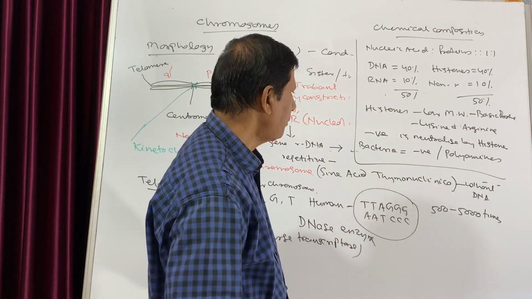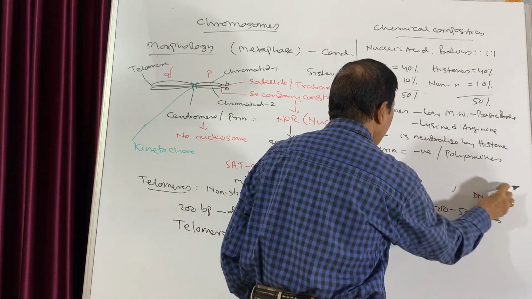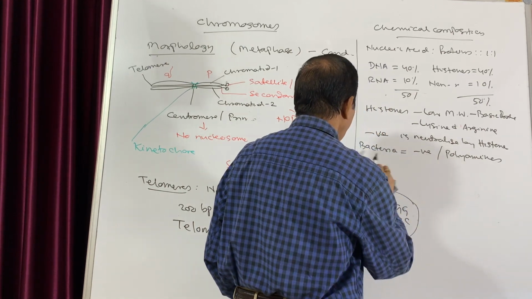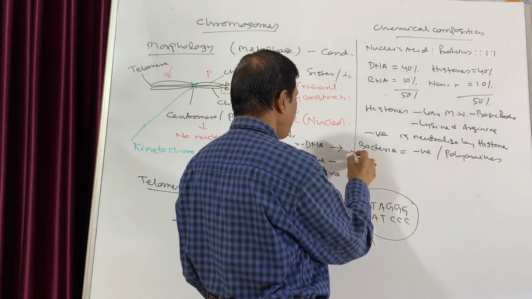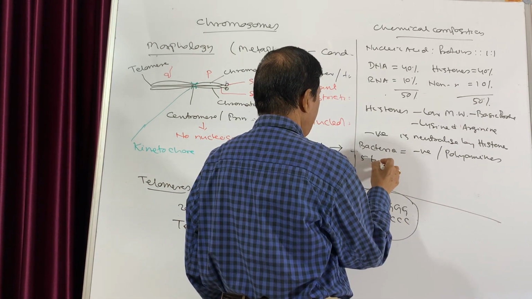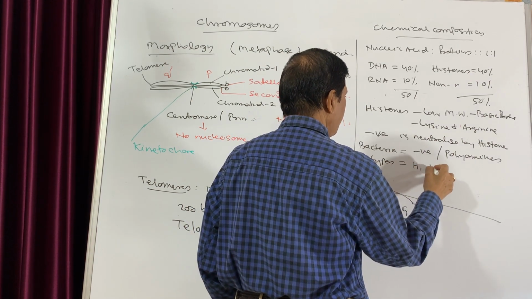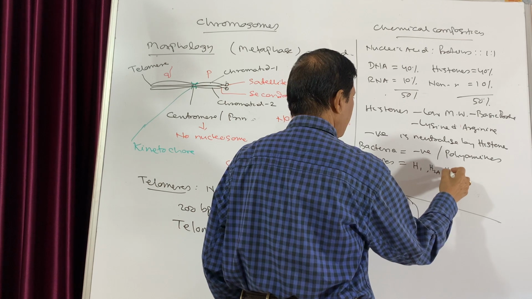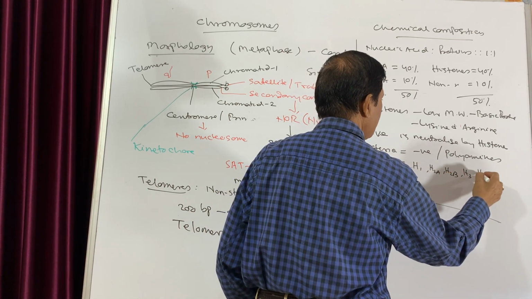And these histone proteins are of 5 different types. So what are the 5 types? H1, H2A, H2B, H3 and H4.